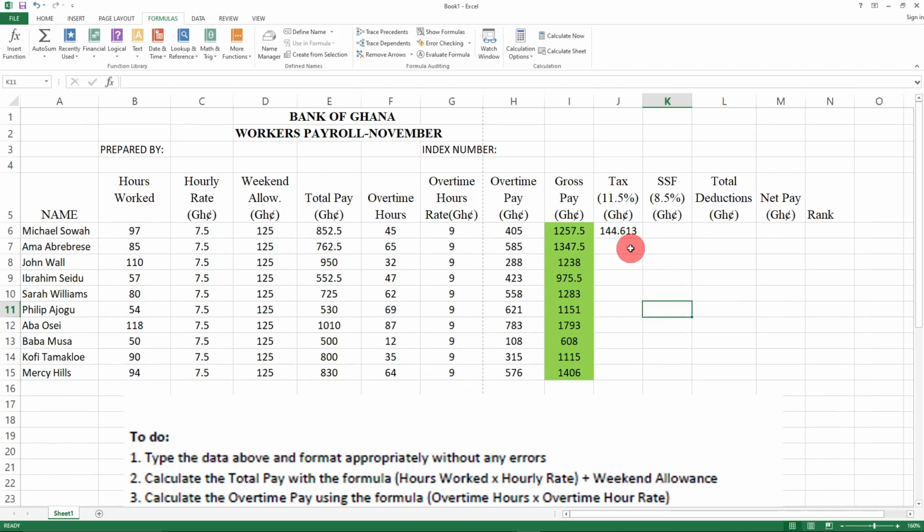You get the same. So as I said, you can use the two formulas. But I prefer the second option, the one that I just did.